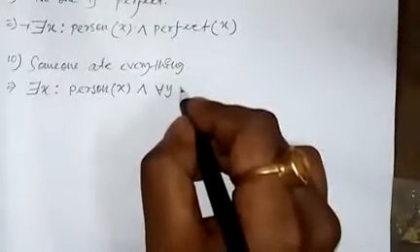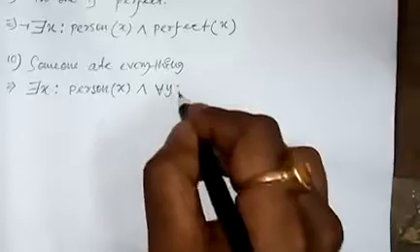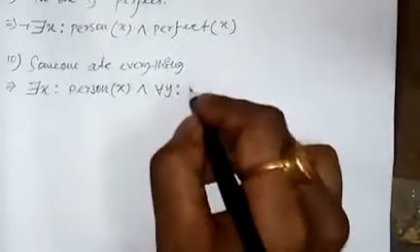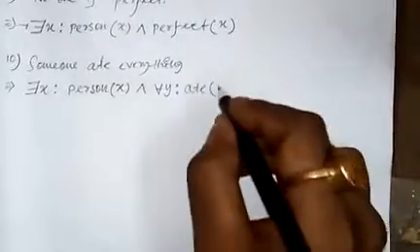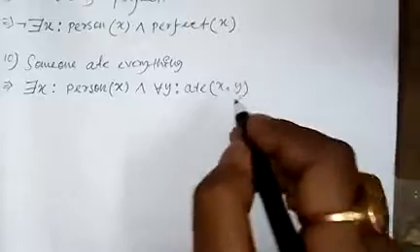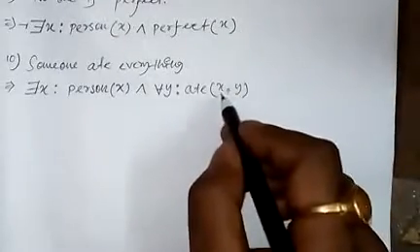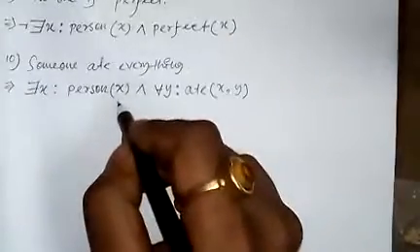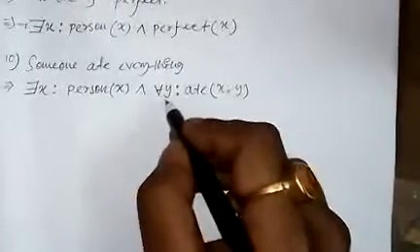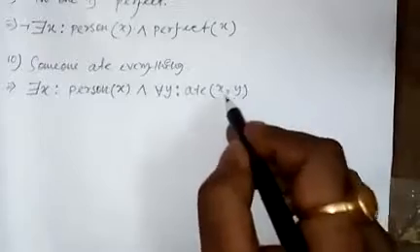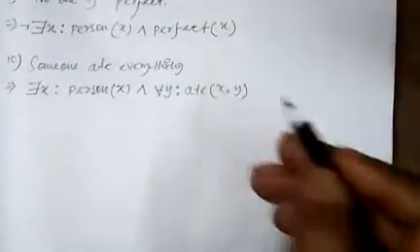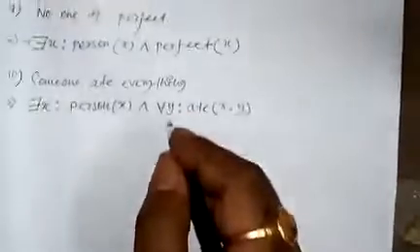So x ate y, where x is some person and y is everything, that is, x ate everything. So this is it.